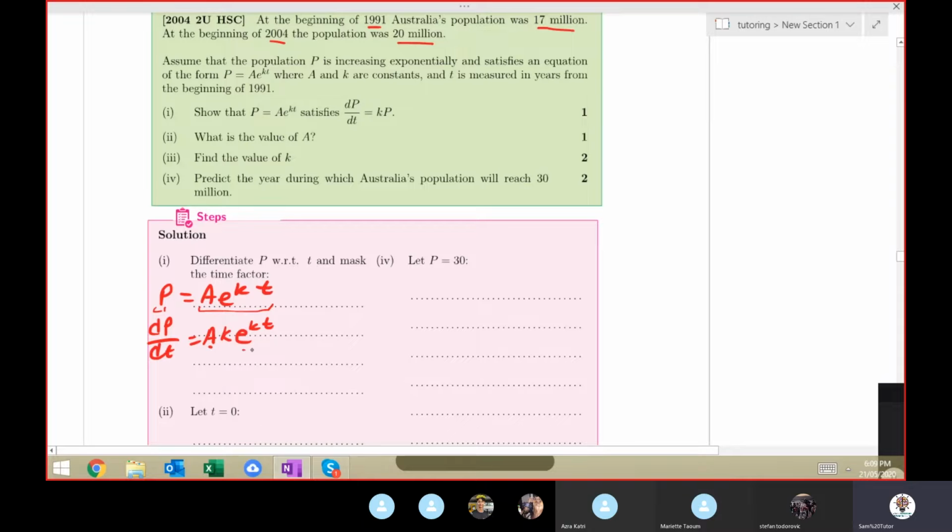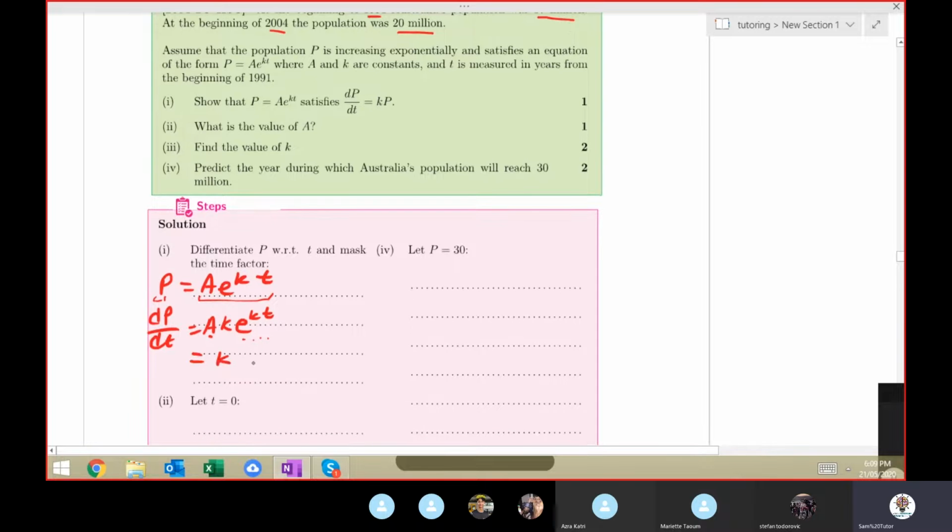So this is P. So isn't the answer just k times P? Do we get that before I move on? Yeah. Anybody not get that? Differentiating, we're okay with that as well now? For the exponentials.